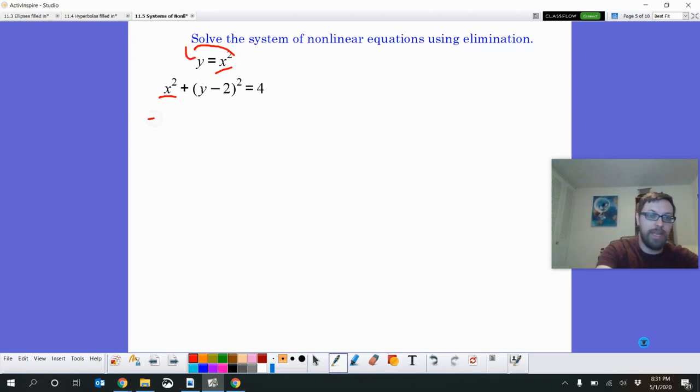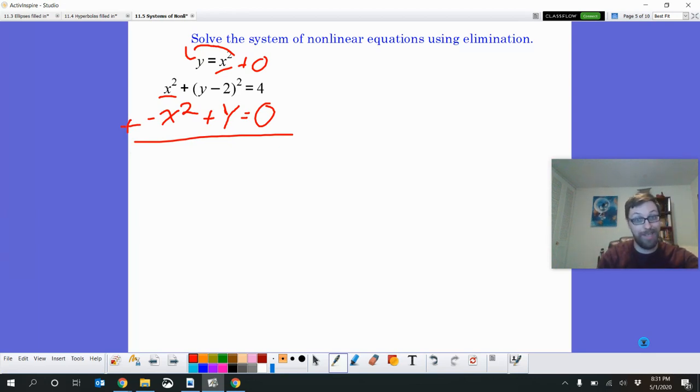We'll get negative x squared when I bring it to the other side, plus y equals 0, because it was x squared plus 0 and I brought the x squared over. Now all we have to do is add these two equations together.